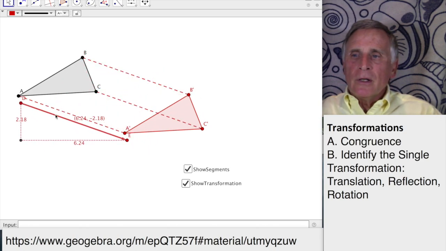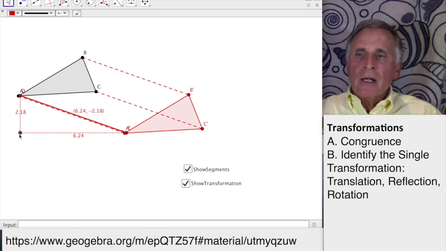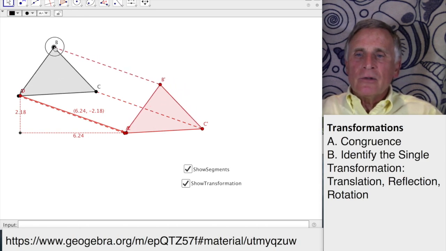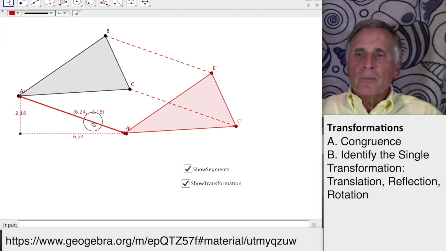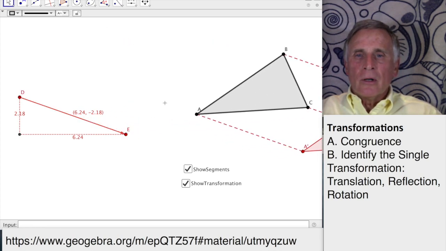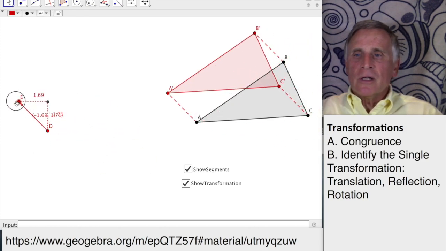If we did the triangle on any one of those segments, we could identify the up-down and left-right components. Here it goes down 2.18, and it goes right 6.24. Of course that would change depending on how we edit our shape. We can also edit the vector which is causing this translation to take place.